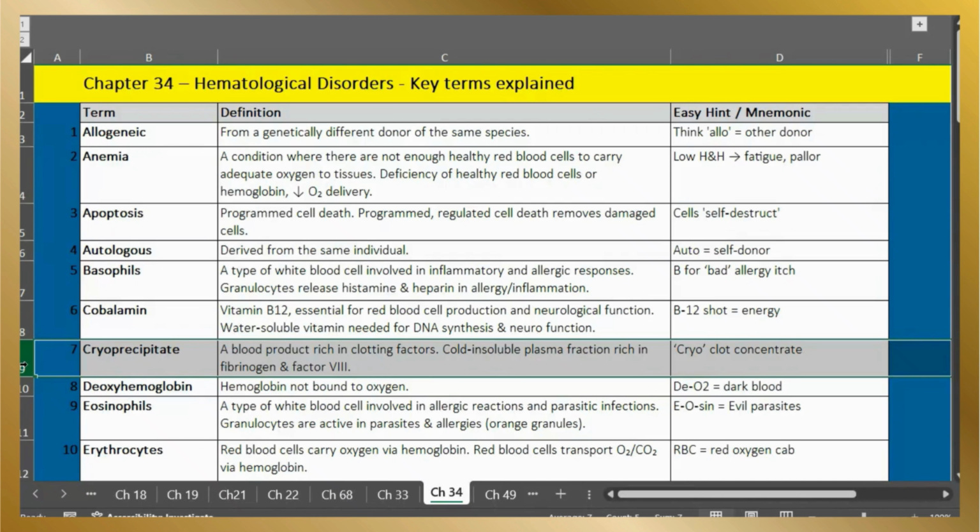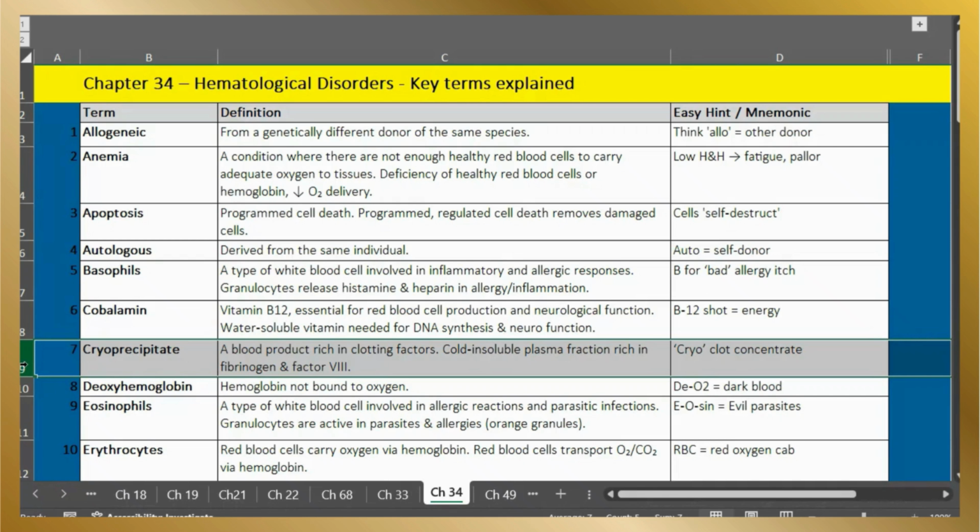Cryoprecipitate, it's a blood product rich in clotting factors. So cold insoluble plasma fraction rich in fibrinogen and factor 8. This factor 8 you will learn in the outline, which disorder affects factor 8.